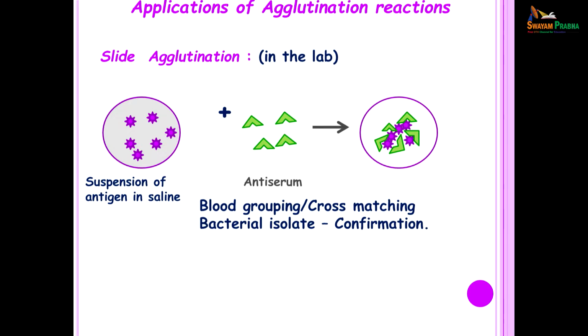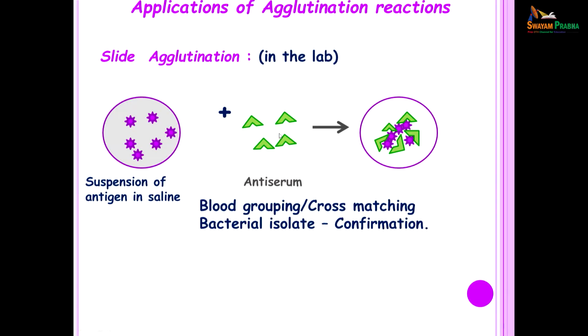When we culture a particular organism, we emulsify the growth in saline. This is where the antigen is present. To this we add antiserum. We then gently rotate the slide, and within a few minutes we will see clumps.